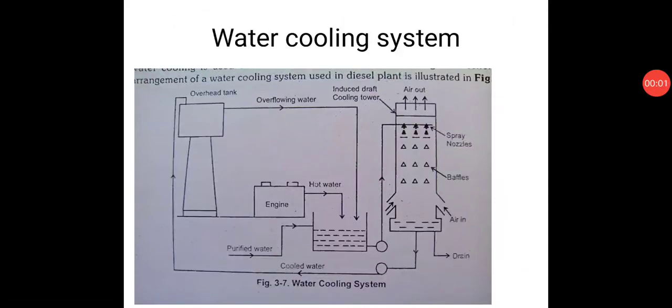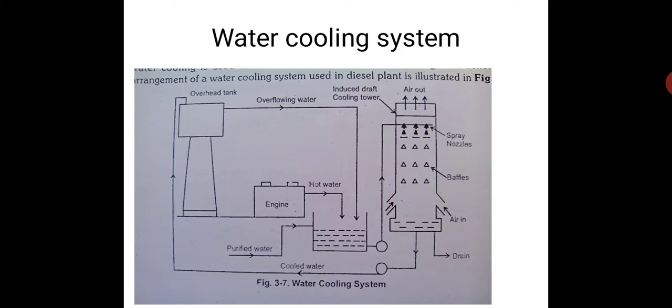Hello students. In the previous discussions we have seen the salient features of the diesel power plant, the layout of the power plant, and also the fuel injection system in a diesel power plant.